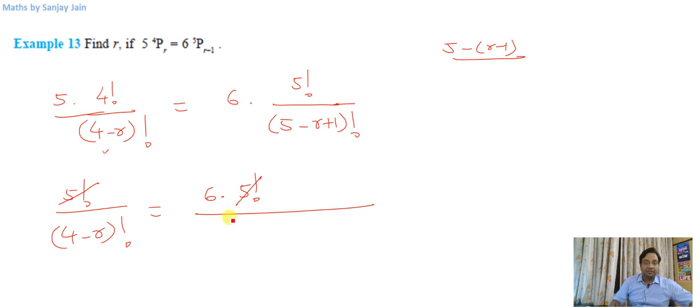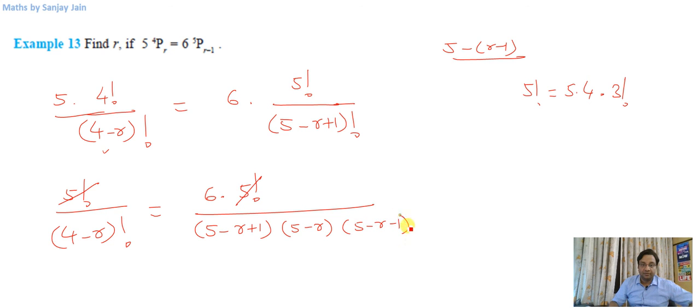And think about this, 5 minus r plus 1 factorial. If I open it, for example 5 factorial, I can write it as 5 into 4 into 3 factorial. So that is what I am going to do with this expression. 5 minus r plus 1 into 5 minus r into 5 minus r minus 1 factorial.